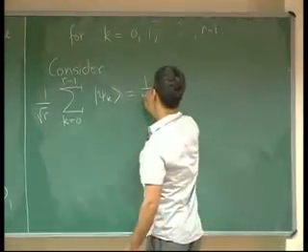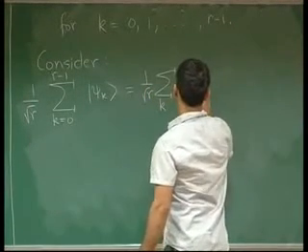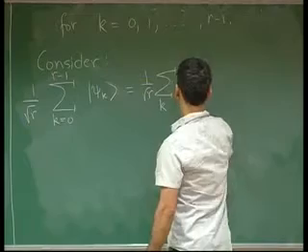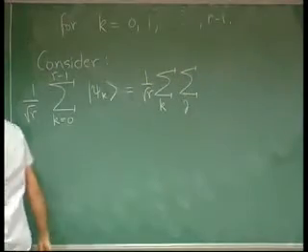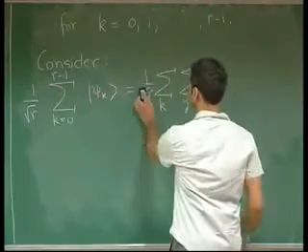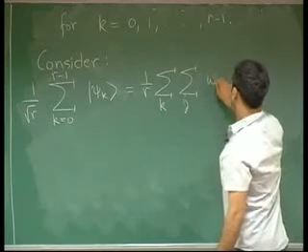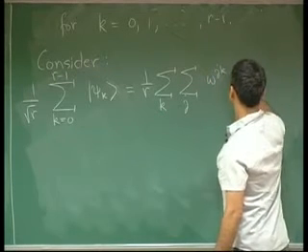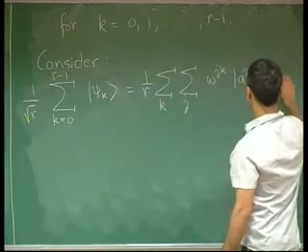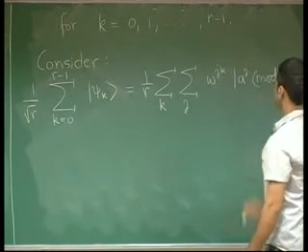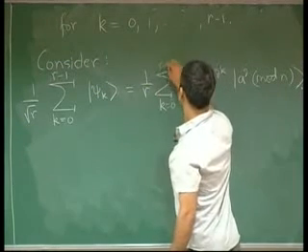This is 1 over square root r, summation over k, summation over j, and we pick up another 1 over square root r from here, so that this is really an r. Here you have omega to the jk, a to the j mod n, both sums ranging from 0 to r minus 1.